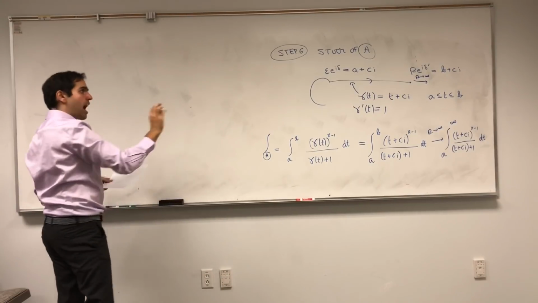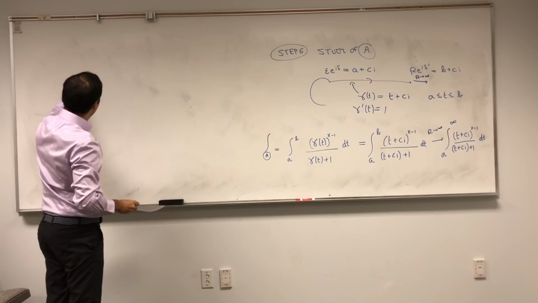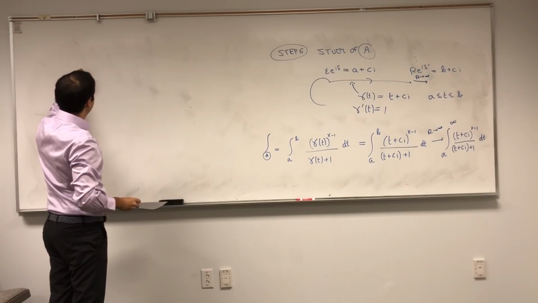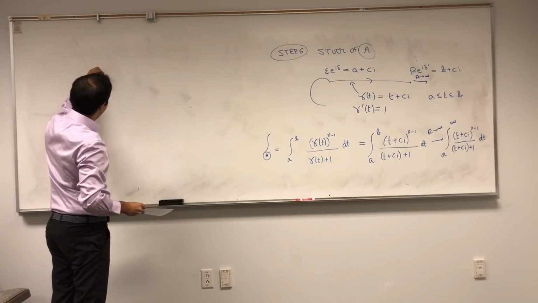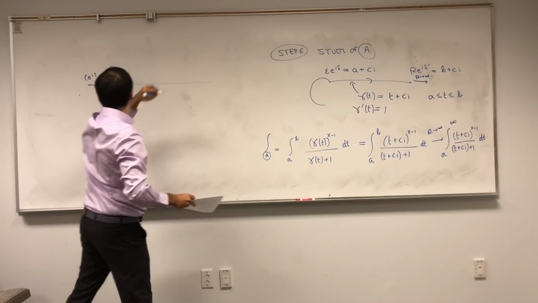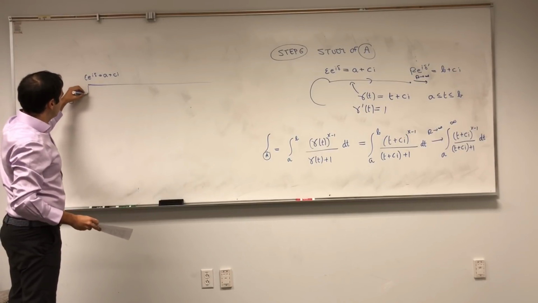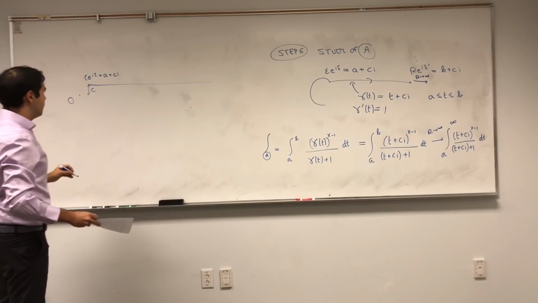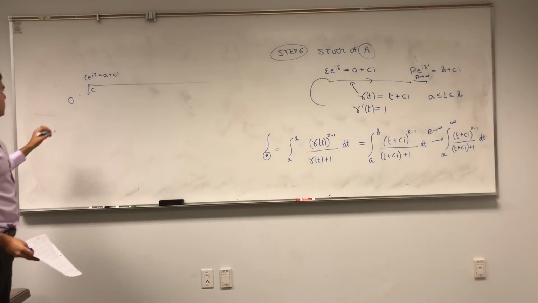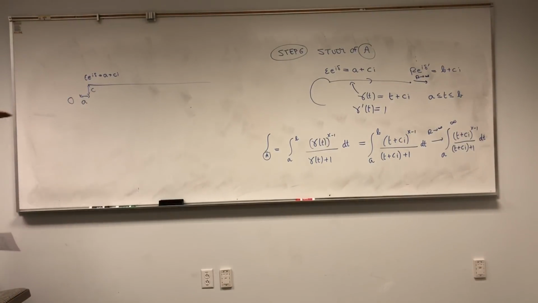Alright, now it's the important thing. We have this point, epsilon e^(i delta), which is a plus ci. We have the other point, which just vanishes. If you have the origin, this is sort of your height c, and this is your a, if you want. So you get a unit to the right and c units up.